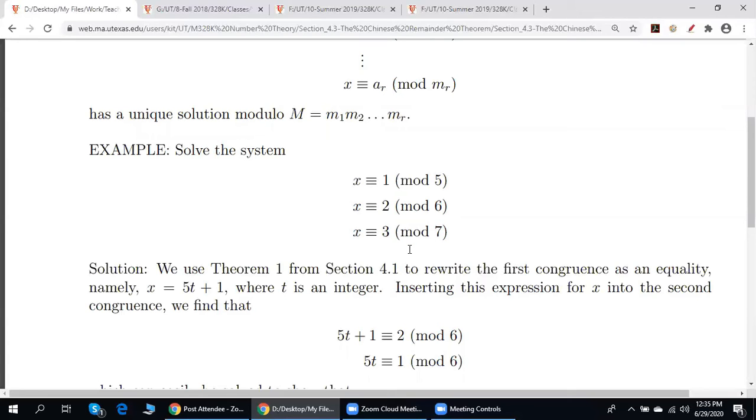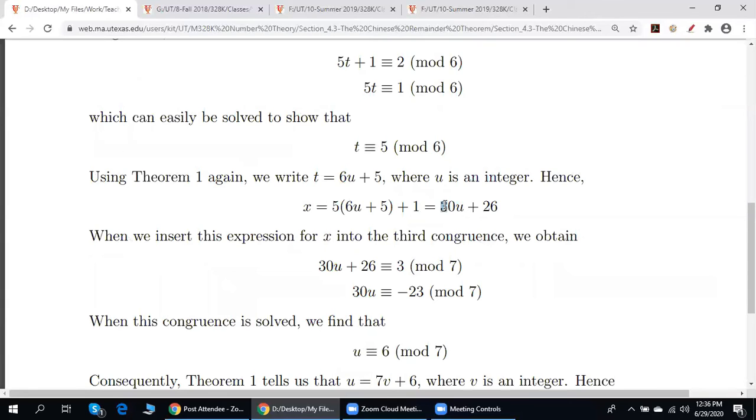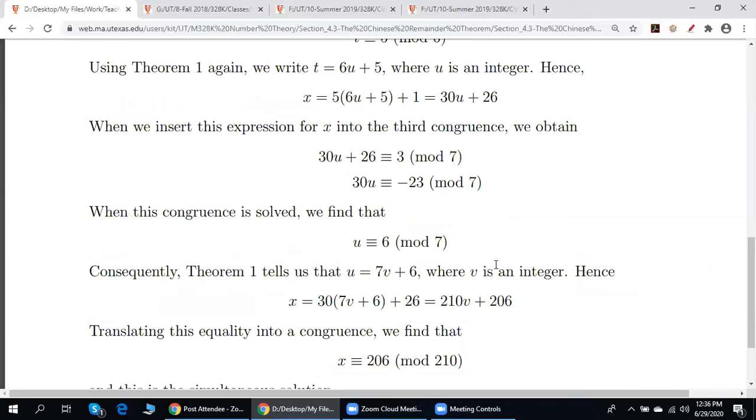So, repeat the same procedure: replace x in congruence number 3 by this expression. Done. Subtract 26 from both sides. Done. And then plug in numbers from 0 to 6 instead of u.